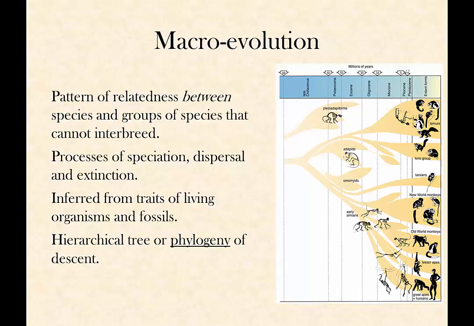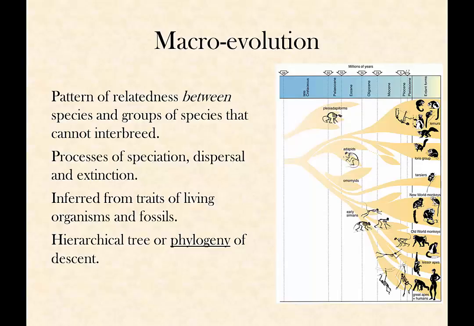How do we build these evolutionary trees? Well, we infer them or calculate them from measurements on living organisms and fossil organisms. For a lot of the work that's done today, we're talking about DNA sequencing of different species and then building trees from those species.